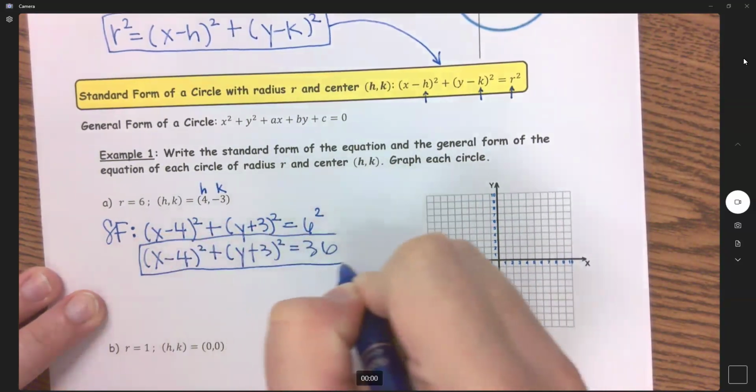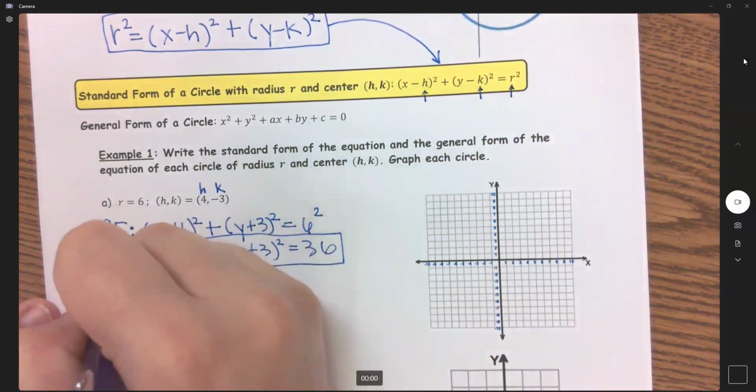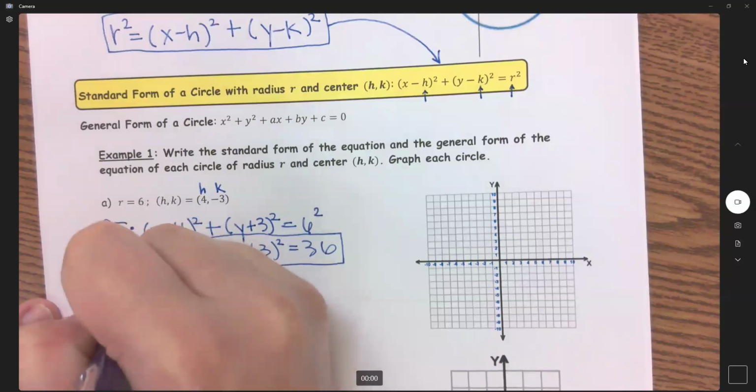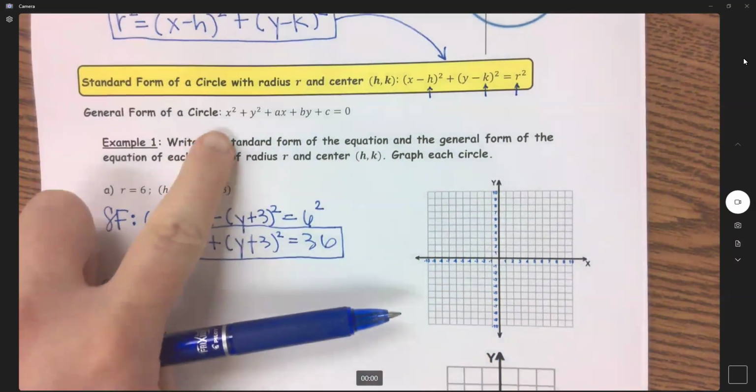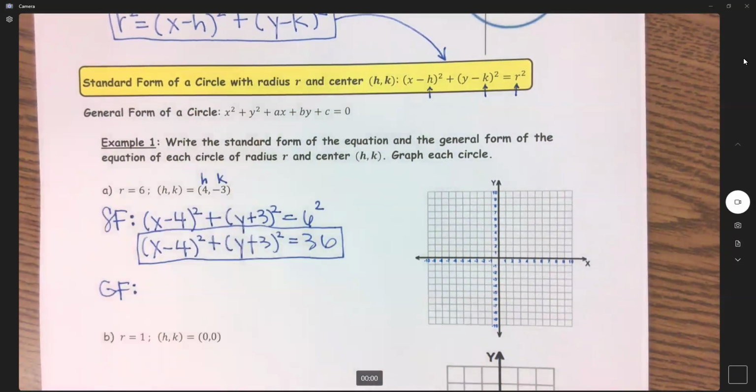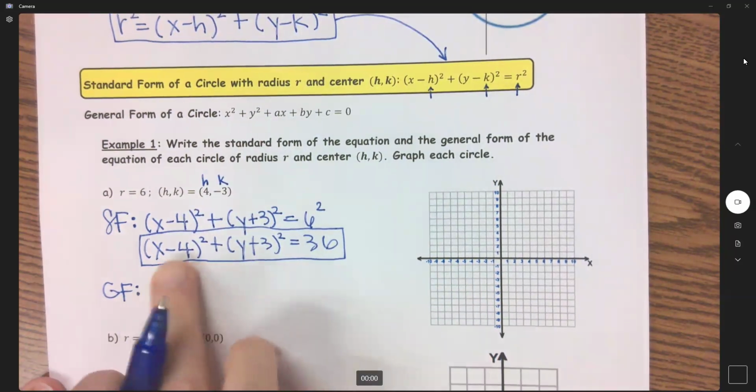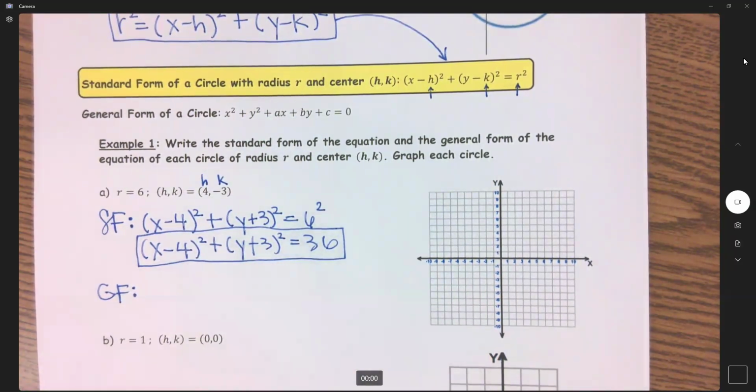Now I wish we could be done, but it also asks for general form. For general form, I need my x squared and y squared to come first, which means I need to expand this out in FOIL.